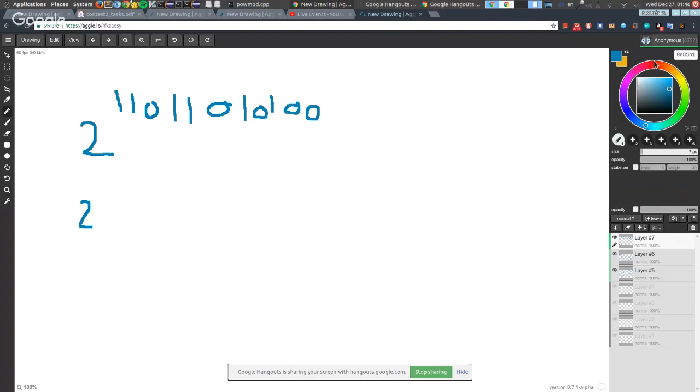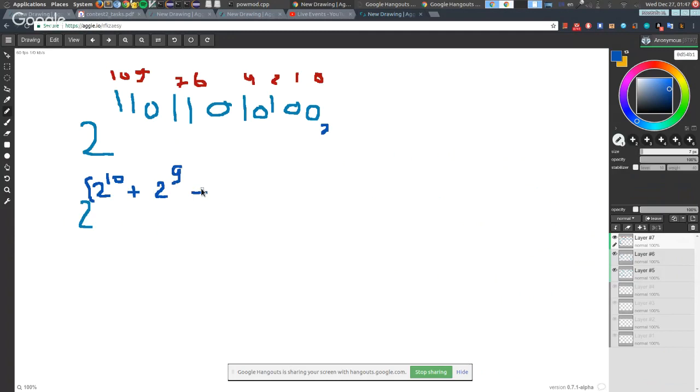We wrote the powers here: 0, 1, 2, 3, 4, 5, 6, 7, 8, 9, and 10. This is 2 to the power of 10. Like we use to convert this binary number to its power exponent version.